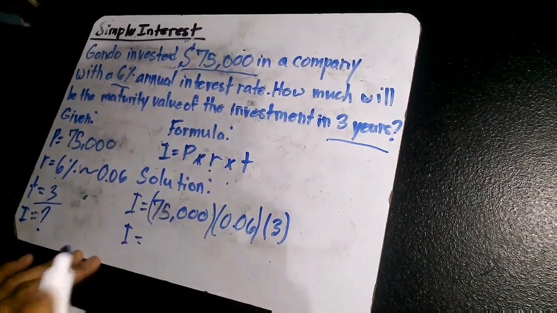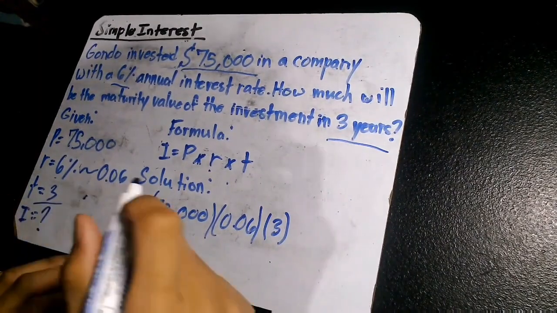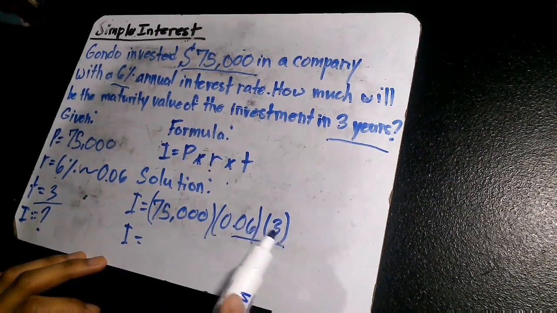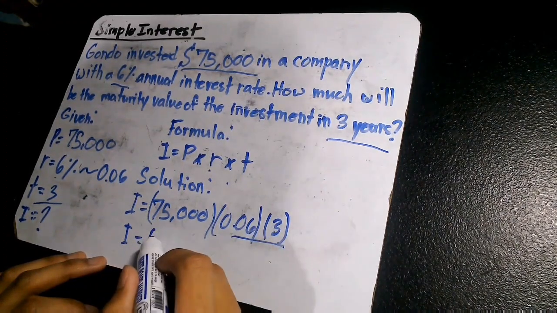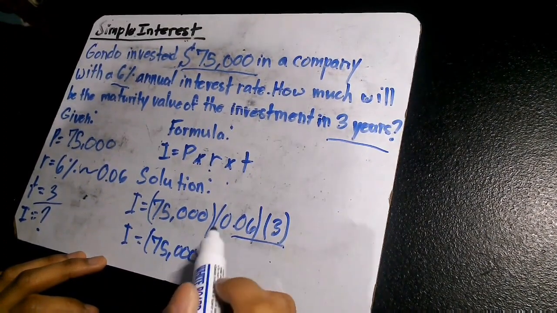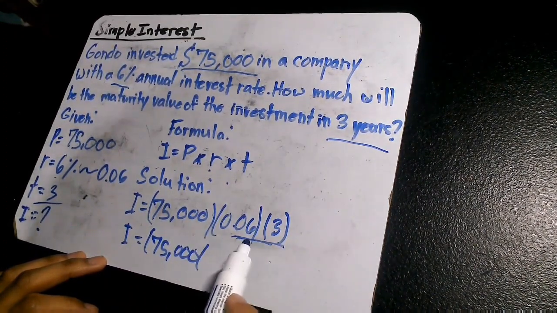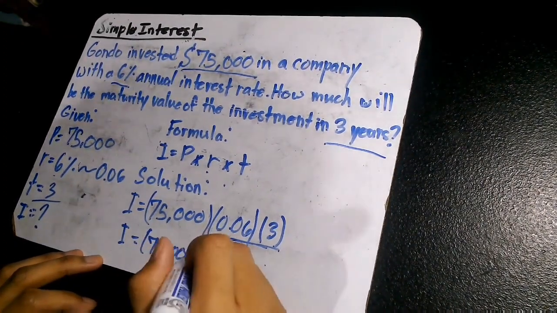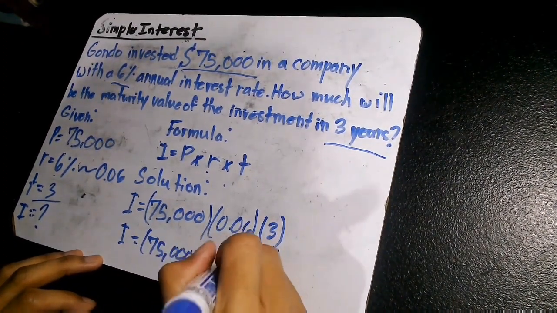I equals, we will solve this first, 0.06 times 3. So the outcome will be like this, 75,000 times the product, which is 0.18.